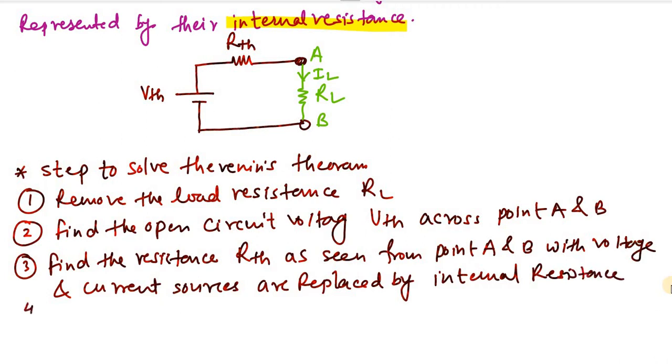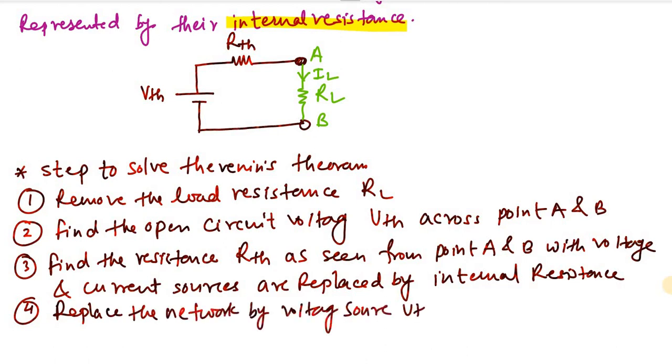And fourth, replace the network by the voltage source VTH in series with the resistance RTH.